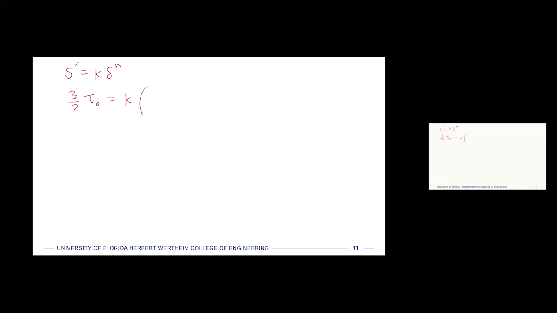Lost the page here. Yes. So then we have gamma naught divided by square root 2 to the n power. So all we've done here is substitute in our plastic stress and our plastic strain using these effective octahedral stresses and strains.